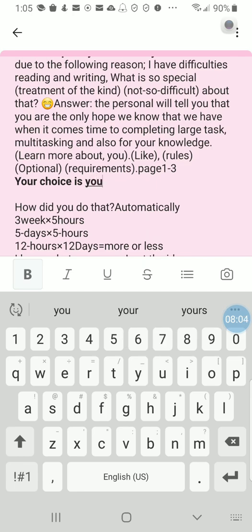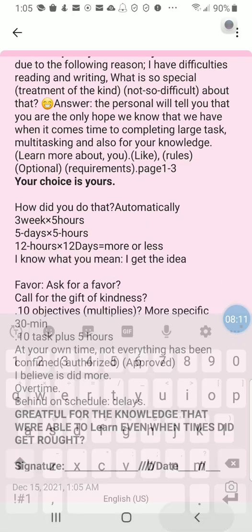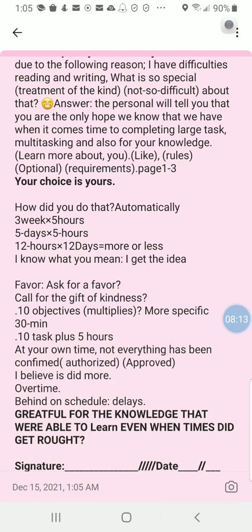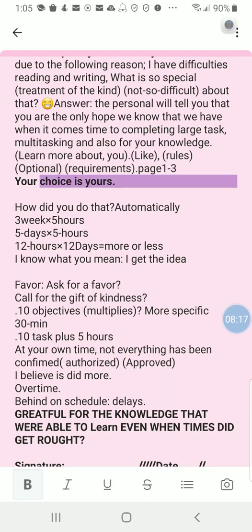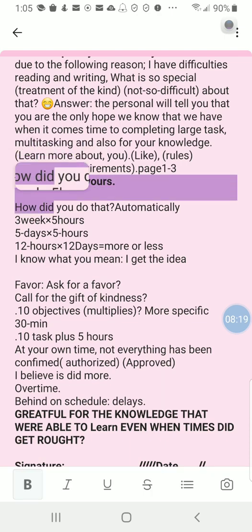So a lot of times, whenever it comes to disability paperwork and any other disability diagnosis, your choice is yours.